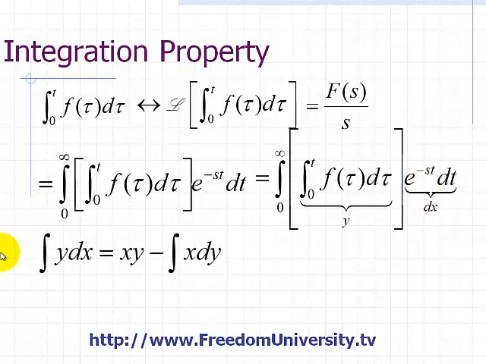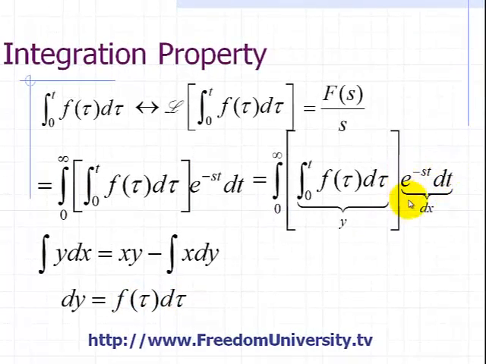Here's our integration by parts formula. So there's our y dx on the left side, and on the right side we're going to substitute x and y after we find them. In this case, we have dy and x. dy is just simply, when you take the differential in this highlighted area, f of tau d tau.